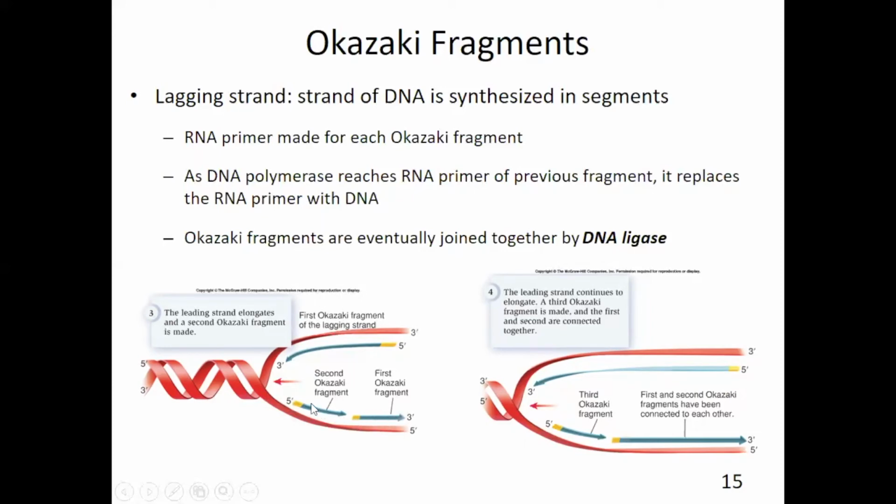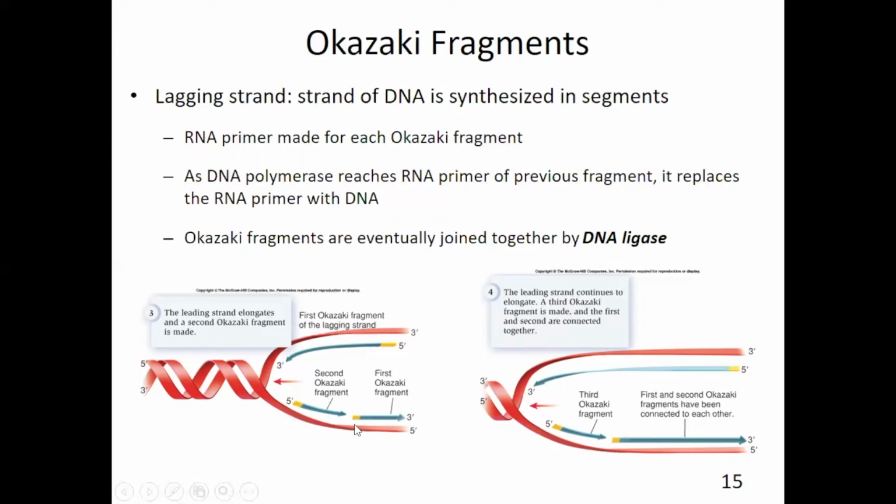So these are called Okazaki fragments, and these Okazaki fragments are what are making up the lagging strand. So the leading strand is up top, and it's called the leading strand because it is synthesized in a continuous fashion from the right-hand side to the left-hand side in the 5' to 3' direction.